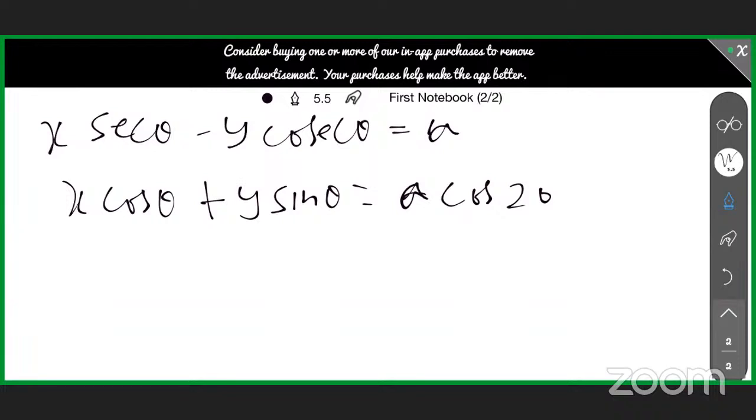So by solving, you have to find the relationship between P and Q.